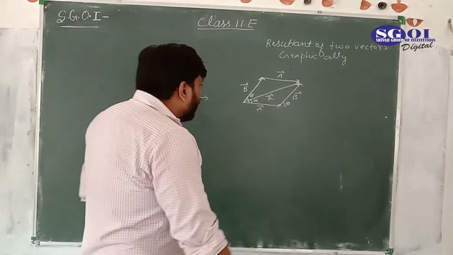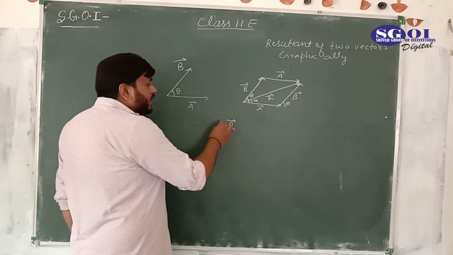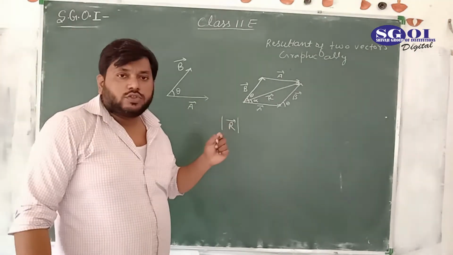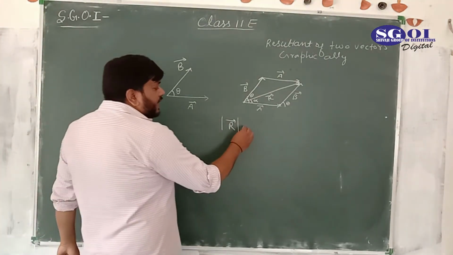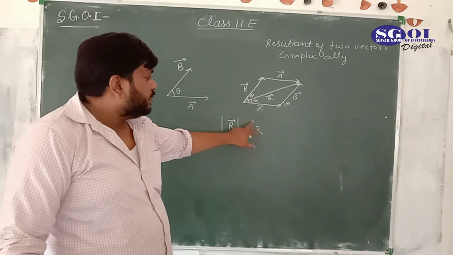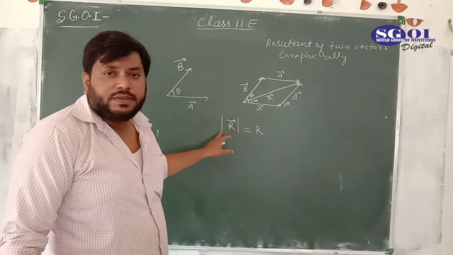So we want to find the magnitude of this, and I have told you magnitude is represented by mod R, modulus of R. So we want to find modulus of R, and let's say it is represented simply by R, because I am not representing it by the vector, it means it is a magnitude. When we represent the vector, it means it is a vector.